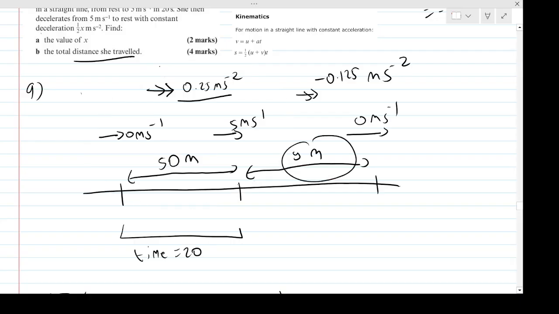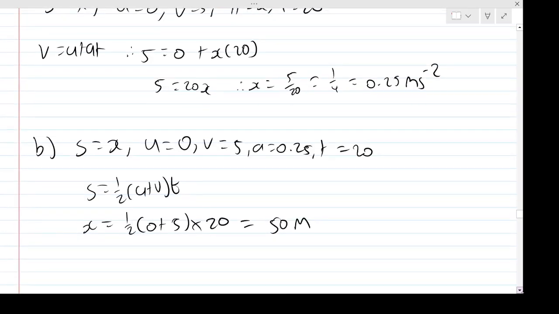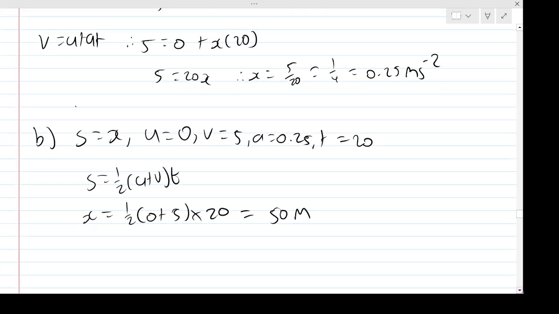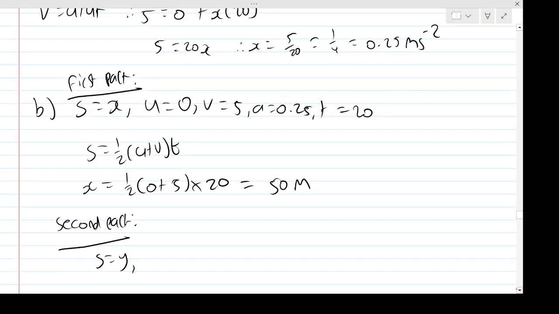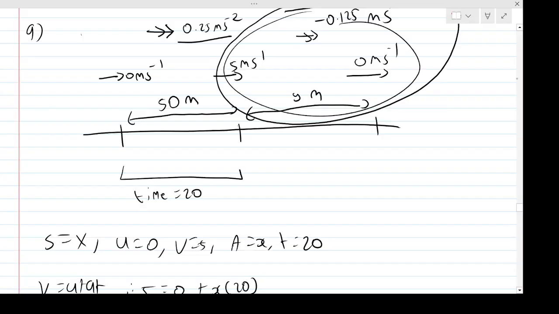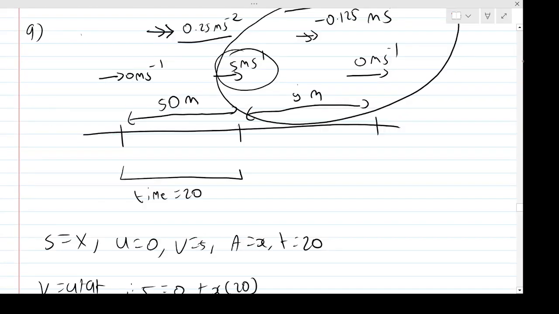So this is the second half of the journey. I'm going to split this up and say the first part, and now the second part, just to make it clear. At this point, S is now y, the distance y. U, the initial velocity in the second half of the journey, is now 5, and the final velocity goes back to 0.